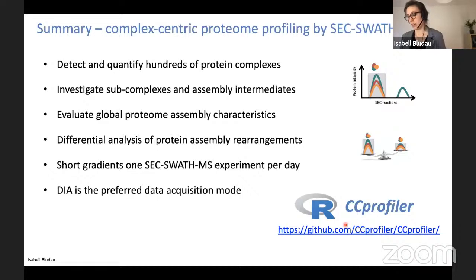So yeah, I would generally recommend DIA. If you do DDA, I would definitely go for longer gradients than 30 minutes, just to make sure that you actually cover enough proteins.